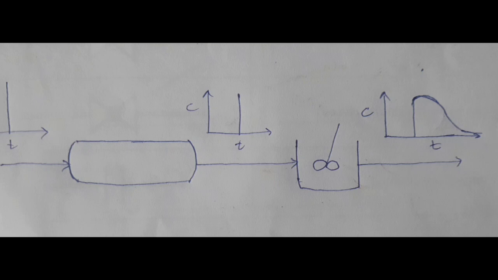Also, the residence time for the reaction might be less, hence the conversion might be low. And if you see from this, there can be, due to proper mixing, a more distributed curve for the system.